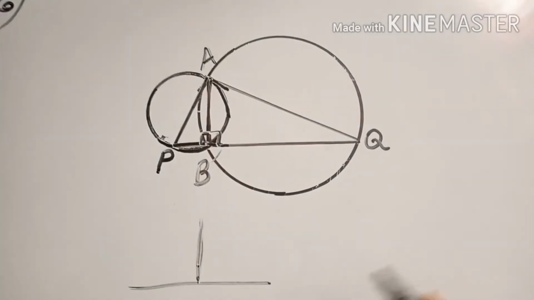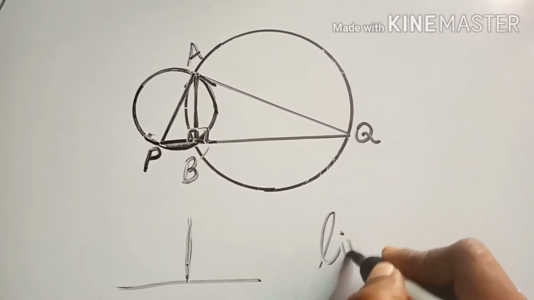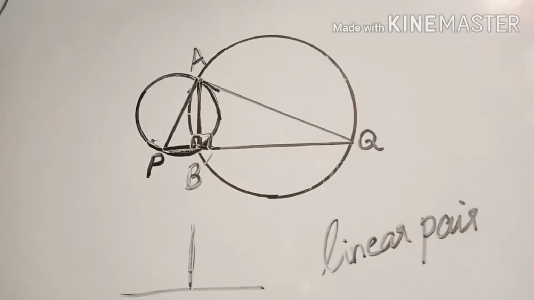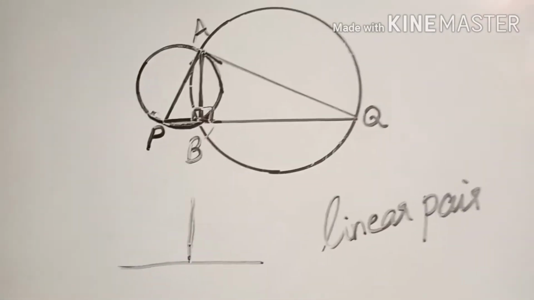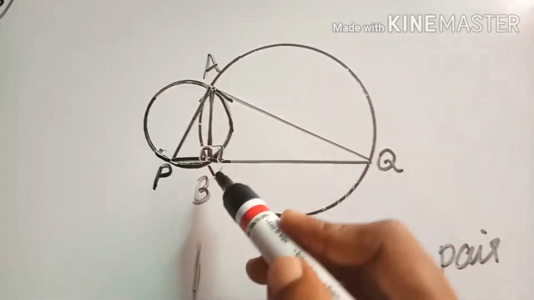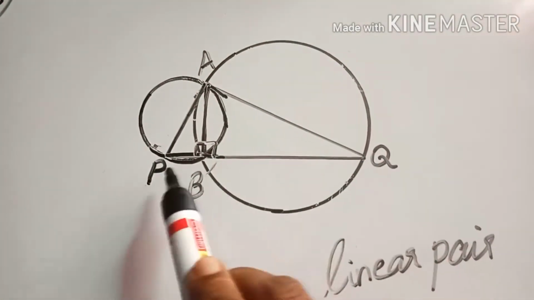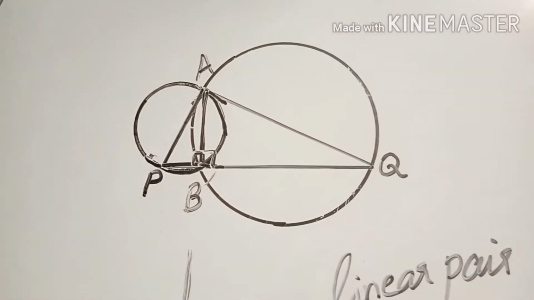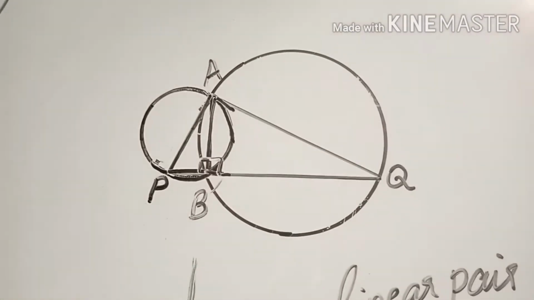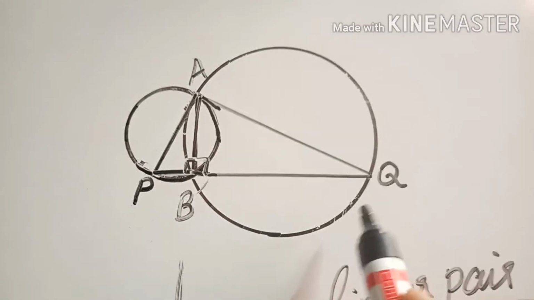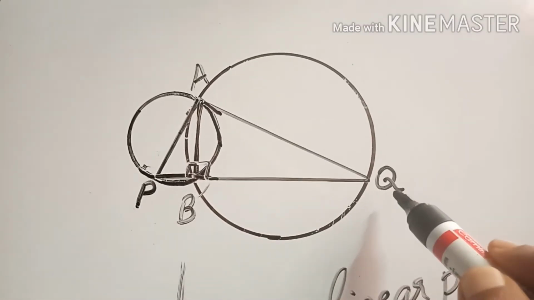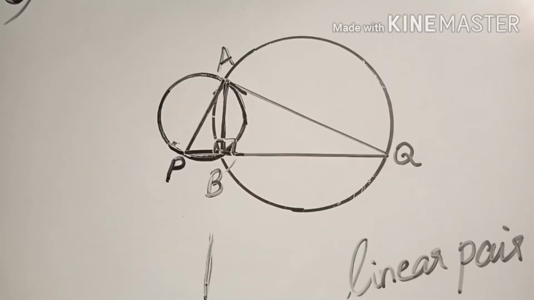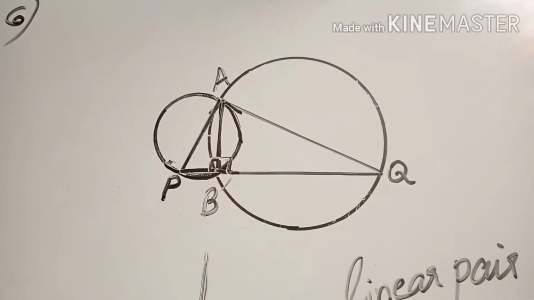It is a linear pair. Linear pair means one straight line is cut by another straight line. So here AB is a straight line cutting PQ as 90-degree, 90-degree, that is sum 180-degree. That means we can say that PQ is a straight line. So PQ is a straight line means P, B, Q are on the same line. Okay, that is the answer.